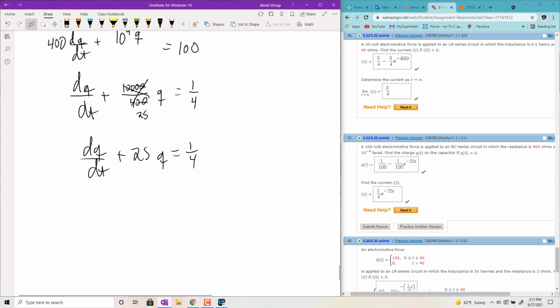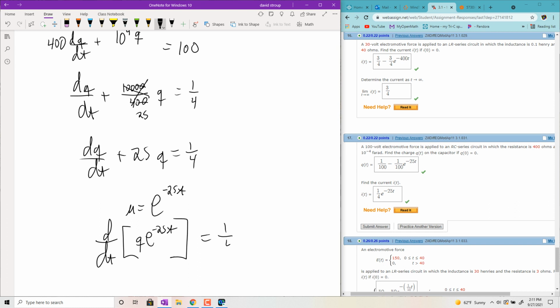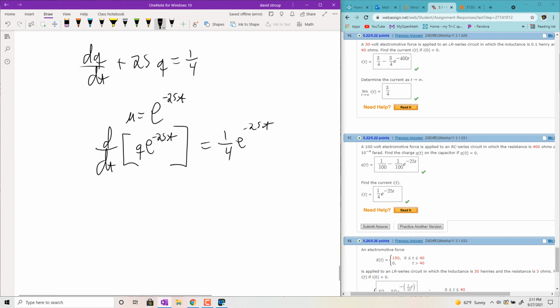Get your integrating factor, so mu will be e to the negative 25t when all said and done. Collapse the left side after multiplying by the integrating factor. You get q e to negative 25t. On the other side, 1/4 e to negative 25t. Integrate.